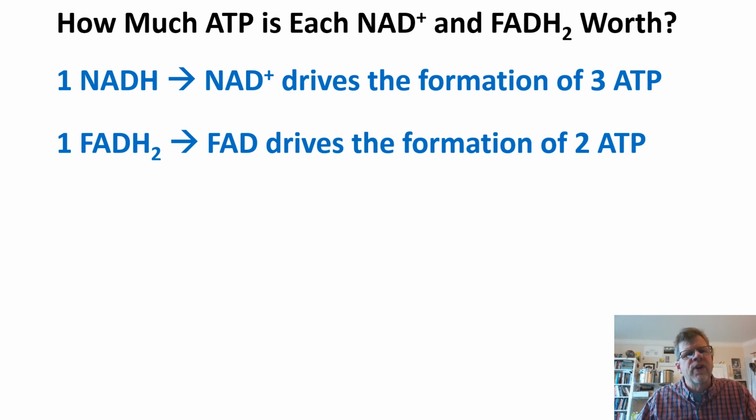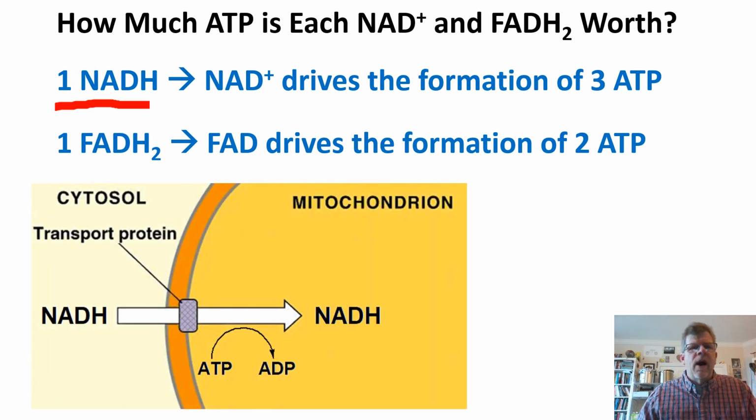I want to focus on NADH because NADH is produced in 2 of the energy production pathways that we've looked at, and in 2 different parts of the cell. So let's look at that carefully. We have glycolysis, which happens in the cytosol or the cytoplasm of the cell.